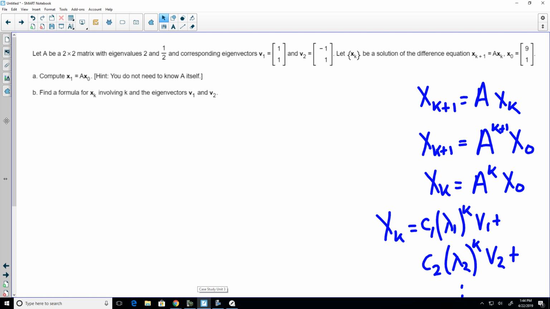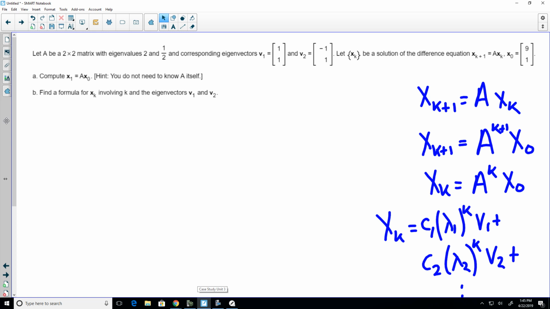So it says compute x1 equals A times x sub 0. So A is not known. It just tells us it's 2 by 2. We know its eigenvalues and we know the eigenvectors, but we don't know A. And we do not need to know A. Okay?